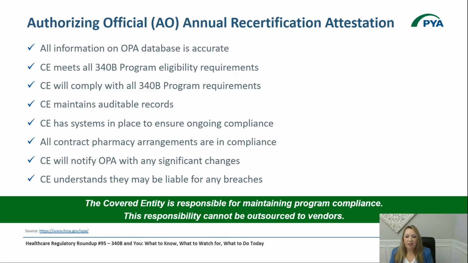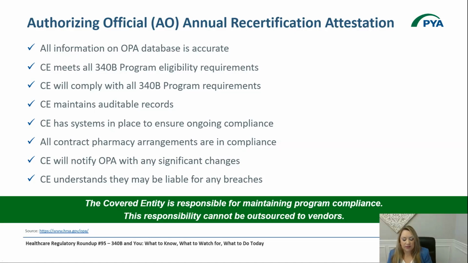When we think about participation in the program and continuing to participate, every covered entity has an individual within their organization that's named as the authorizing official, the AO, and that person physically has to do the attestation process to stay in the program every year.